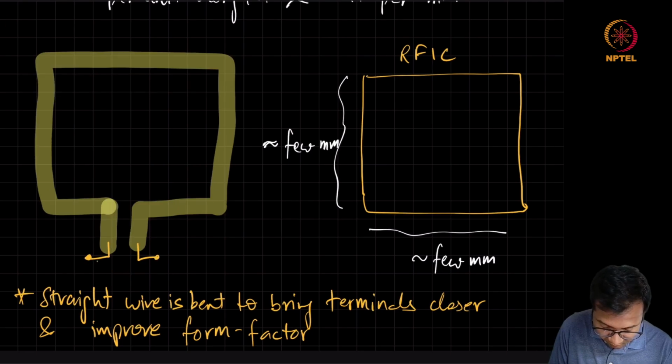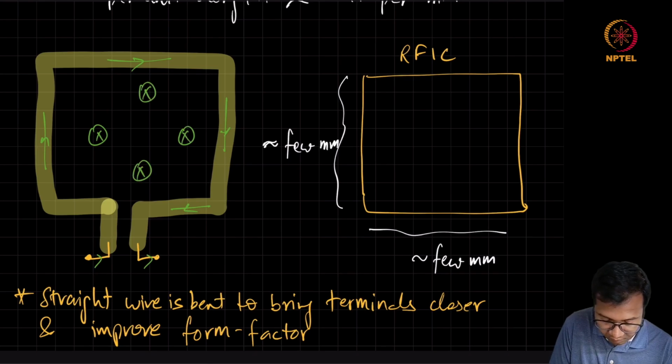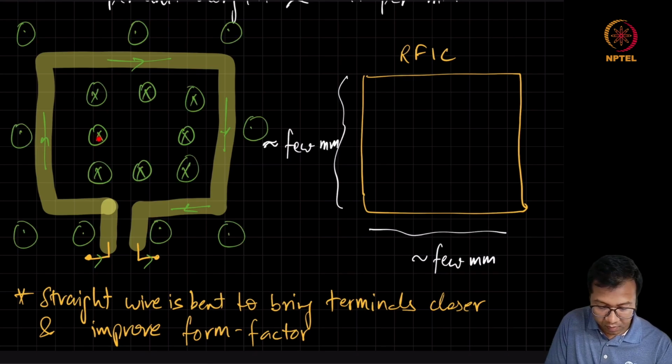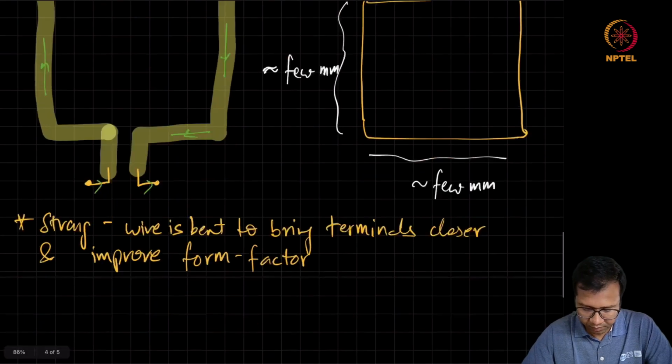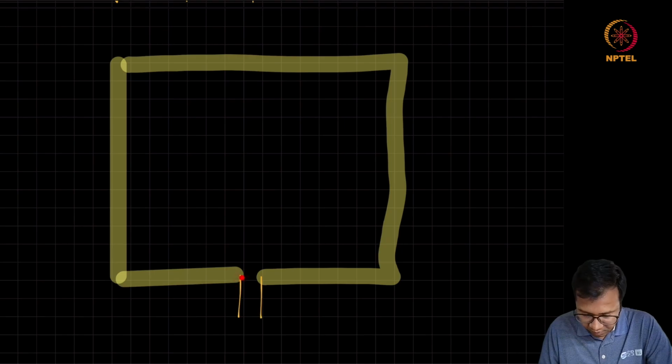Now when we talk about current flowing in this direction, let's say coming out, the magnetic field will look like this, where fields are entering the plane in the center of this loop and coming out from the outside. Now let us try to find out what will be the inductance of this wire which has been bent in the form of a square loop, ignoring the other routings and just bringing these two terminals very close to show that current can enter and exit from these terminals.